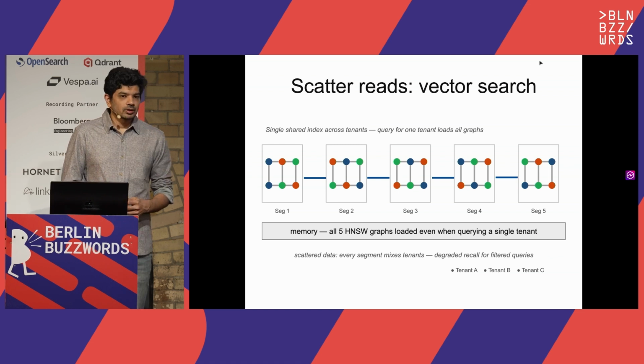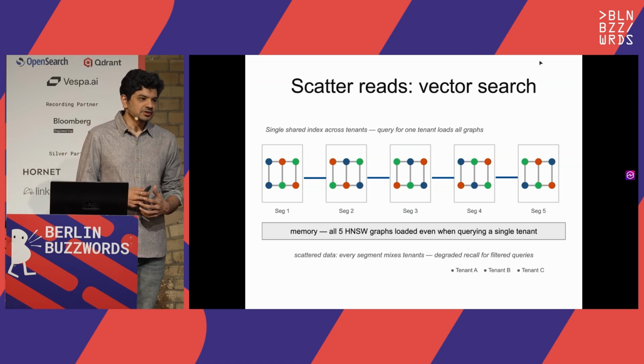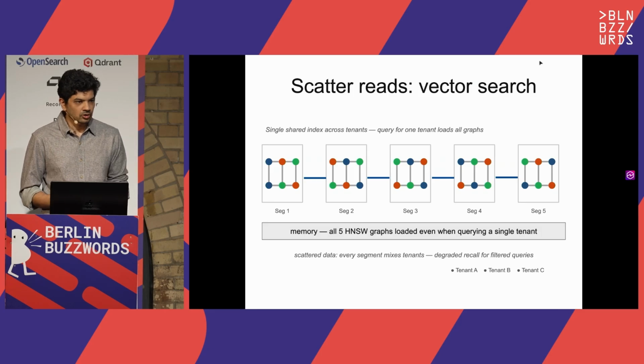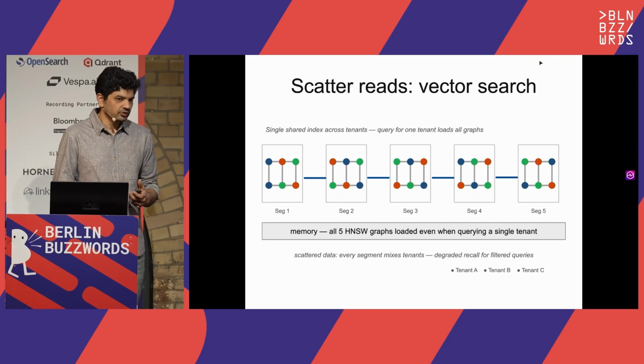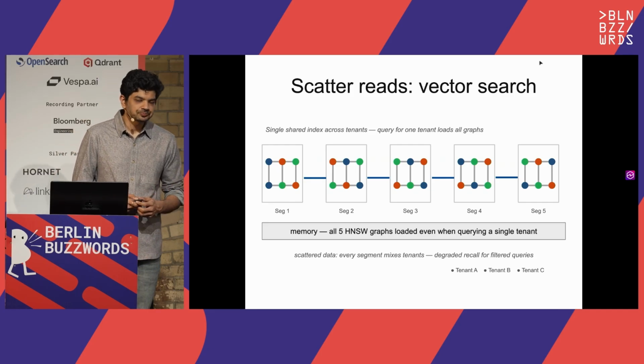So in vector search, we create HNSW graphs. It's an approximate nearest neighbor search, and the idea is we just navigate a certain portion of the graph to get the closest similar neighbors.